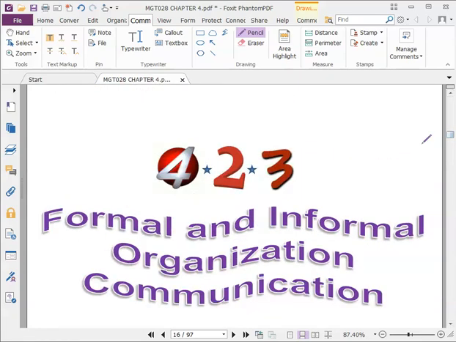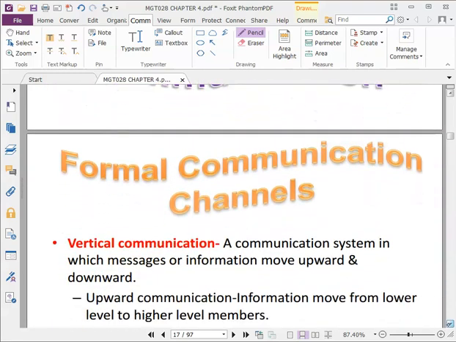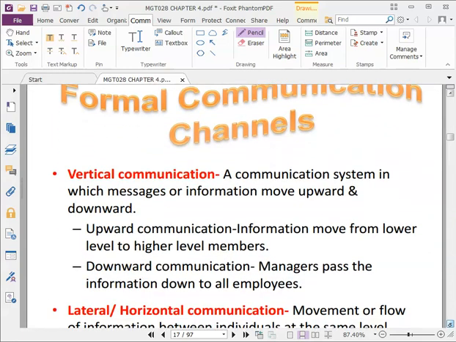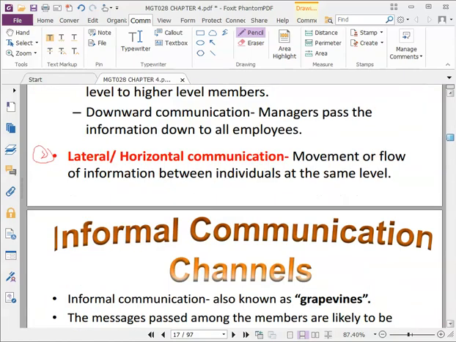Okay. So in communication, we have two types of communication, that is formal and informal. What is formal and informal? Okay. The first one is the formal communication channel. Okay. Usually the examples of formal communication channel are vertical communication, lateral or horizontal communication.